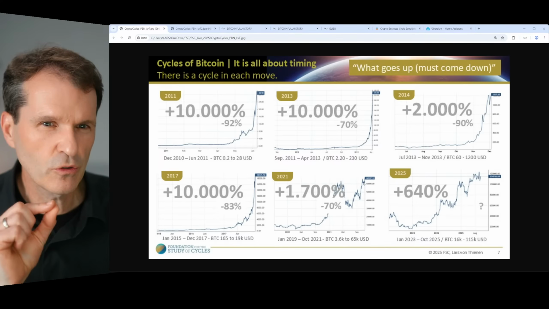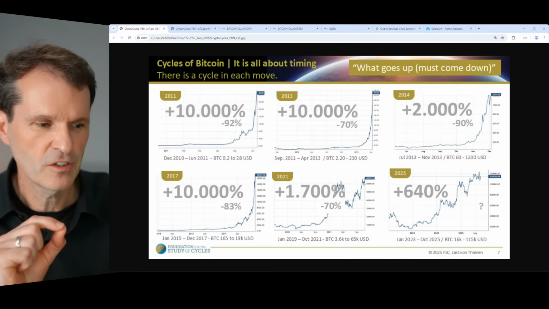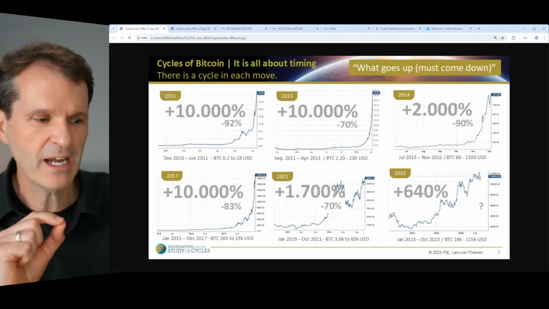So there are always two stories to be told. We might just hear the stories from those guys who entered Bitcoin a long time before the parabolic up move started, and they are telling us their stories about how they made 10 times their investment in Bitcoin during those parabolic up moves.